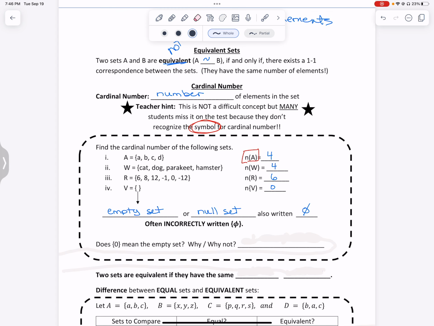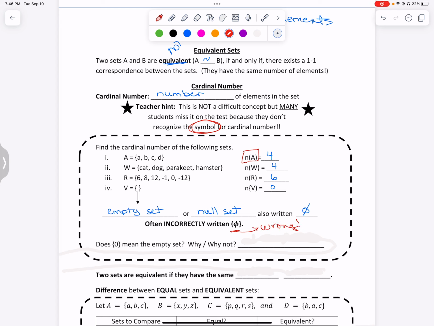You could write it like this, literally a set with nothing in it, or you could write it like that, a 0 with a slash through it. But you cannot write it like that. You can't have both of them, okay? If you write that, it's going to be considered wrong.